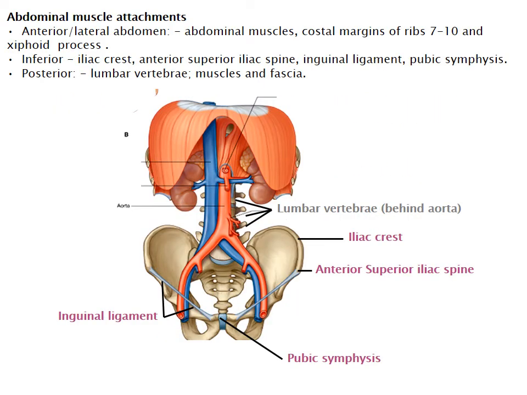Before we actually talk about the abdominal muscles, we should probably discuss some of the attachments for those muscles. So here we see some of the attachments. We see the iliac crest that you're quite familiar with at this point, the ASIS. Many of these muscles are going to extend down and ultimately insert into the pubic symphysis or somewhere in this pubic region, and it'll even insert and contribute and form the inguinal ligament.